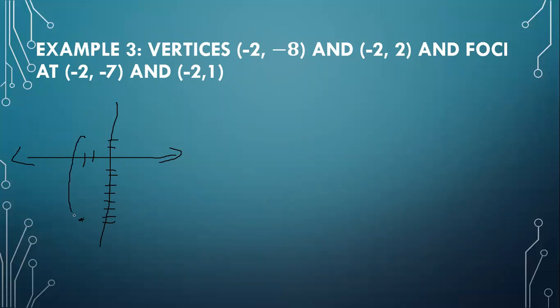So our ellipse is in vertical form, so we use this one: (x minus h) quantity squared plus (y minus k) quantity squared. Vertical, meaning in the y-axis, so our a is found under the y-axis.